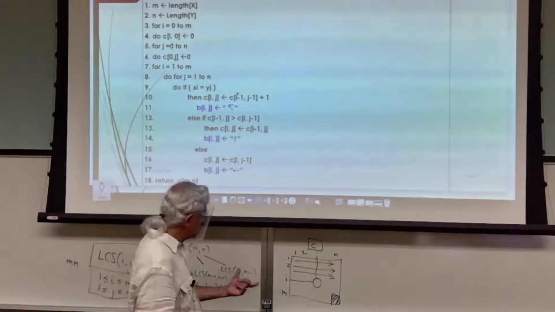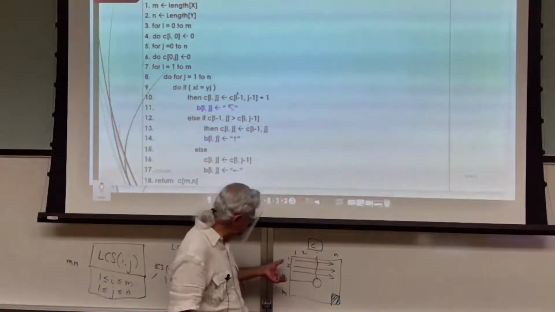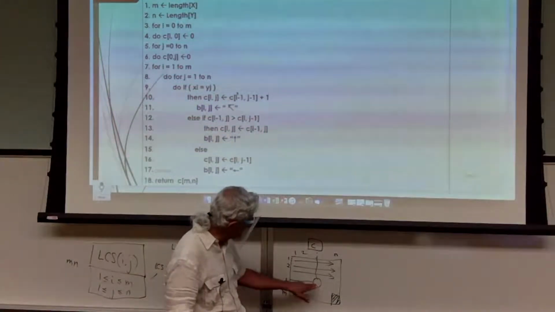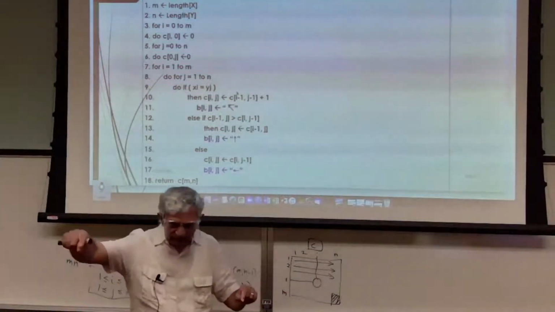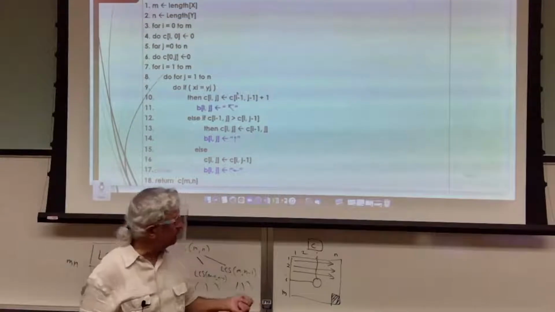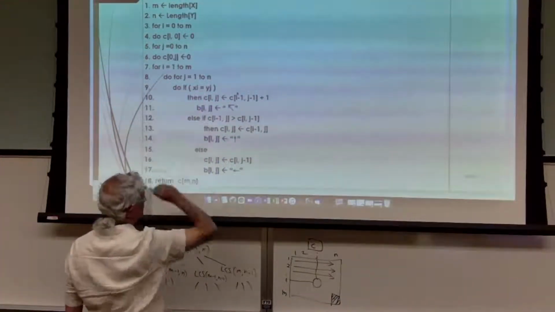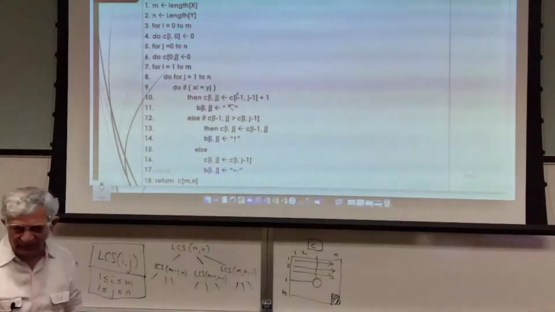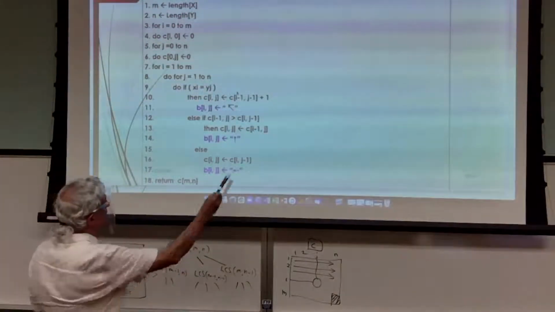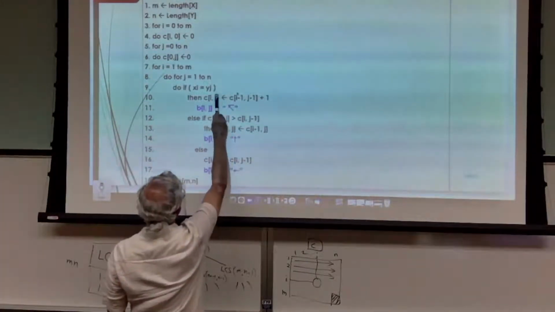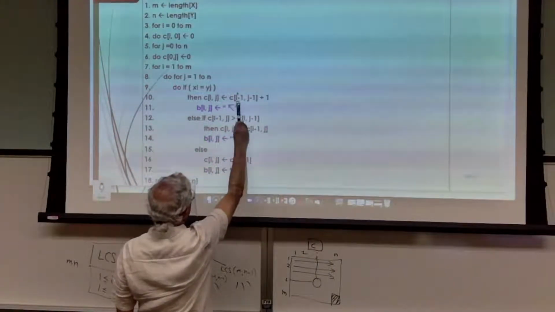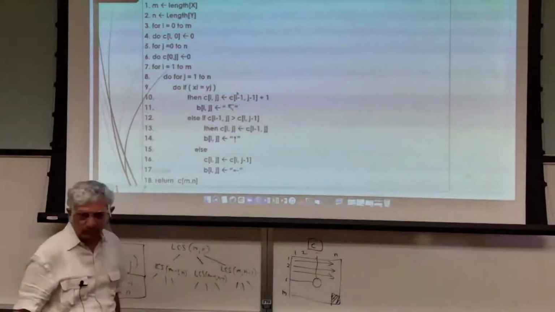Because of that, I only have to check whether the last characters in those two strings are the same, which is the same as saying, is the ith character in the first string the same as the jth character in the second string? If they are equal, then the solution is simply the solution of i minus 1, j minus 1, plus 1.